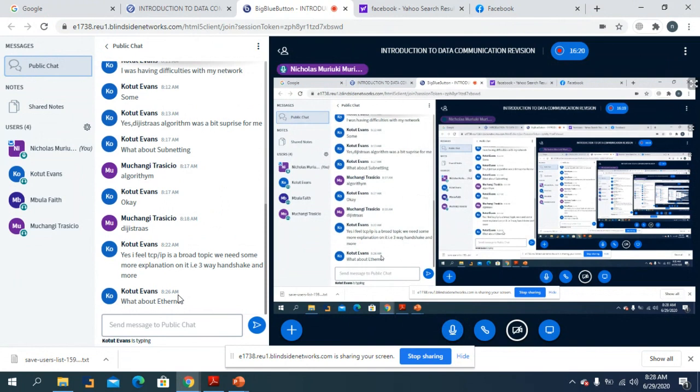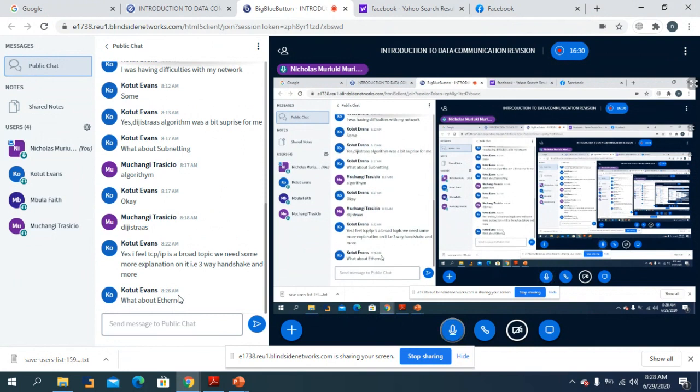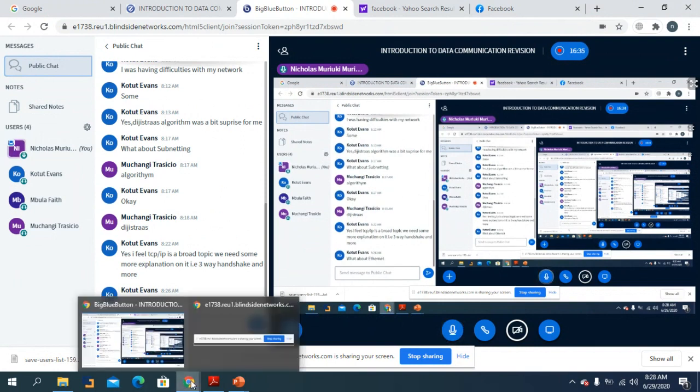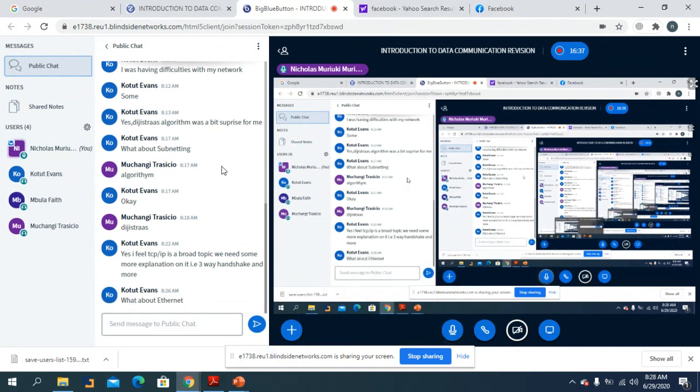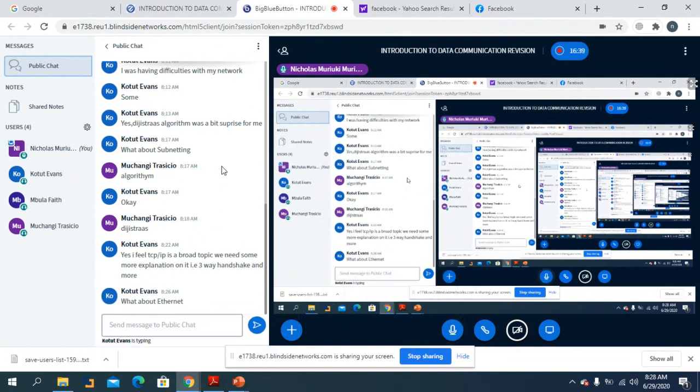So in Ethernet, we'll be looking at the speed of communication, the speed of data transfer, how data is supposed to be transferred from one point to another. Which Ethernet has a high speed? Is it 2B or is it 2C, etc.? If you look at mobile phones, what are we supposed to use in communication? If you use computers, what do you use in terms of speed? That's why we use the Ethernet standards.